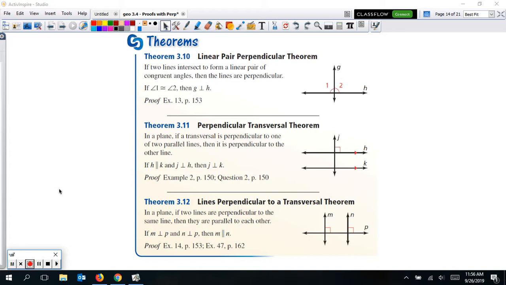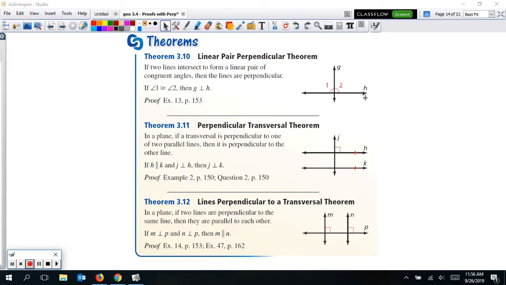All right, still there on page 83, we have some theorems for this. So we have some theorems with these perpendiculars. So linear pair perpendicular theorem. We know what a linear pair is by now. We should know that. Linear pair always creates supplementary angles. So there are 2 angles that are adjacent to each other. They share a side and they add up to 180. So they basically are on a straight line. That's what a linear pair is.